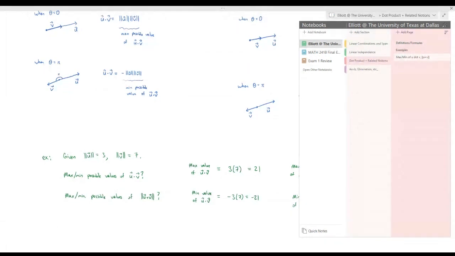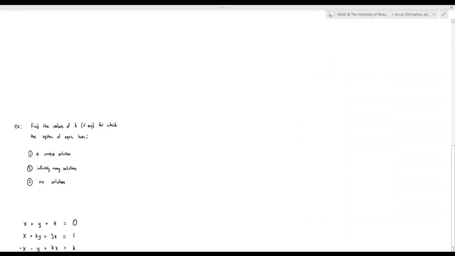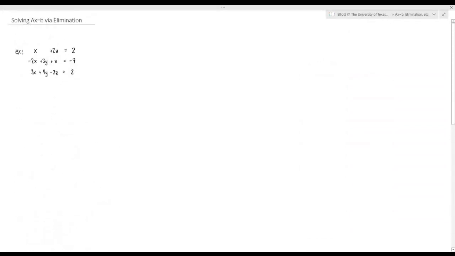So then with the time remaining, I just wanted to spend the rest of the review talking more about elimination, solving systems of equations. We've done some examples that involved elimination already, but I thought I would do a couple more.